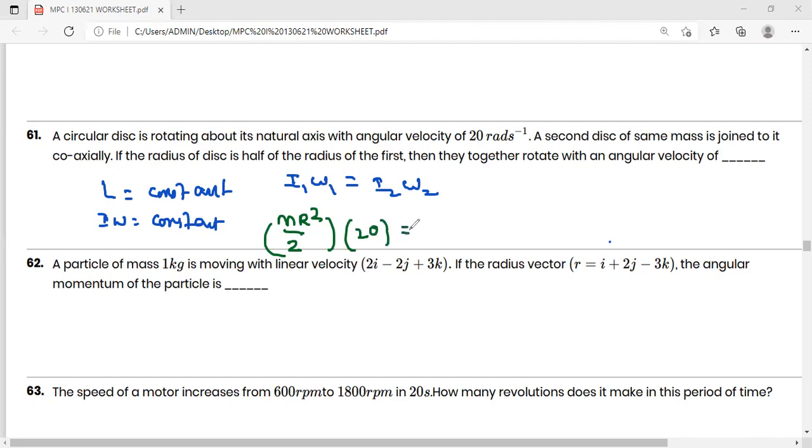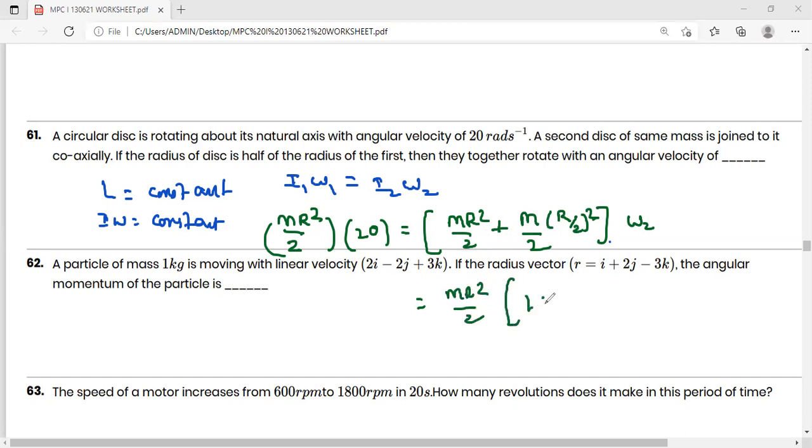In the second case, when both the bodies are taken, for the first body it is mr square by 2, and for the second body also the general formula is mr square by 2. Of course, mass is same, but radius is half of the first one, whole square by 2, into omega 2. Then mr square by 2 can be taken common here, so it will be 1 plus 1 by 4 into omega 2.